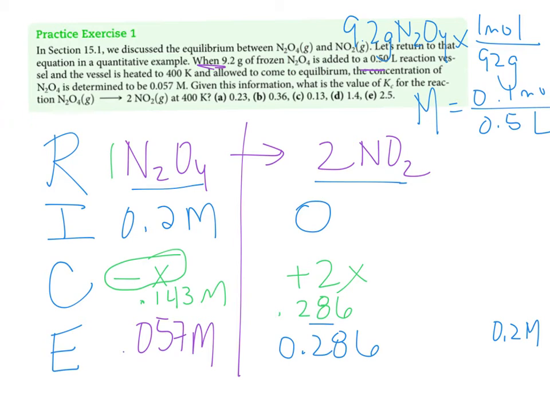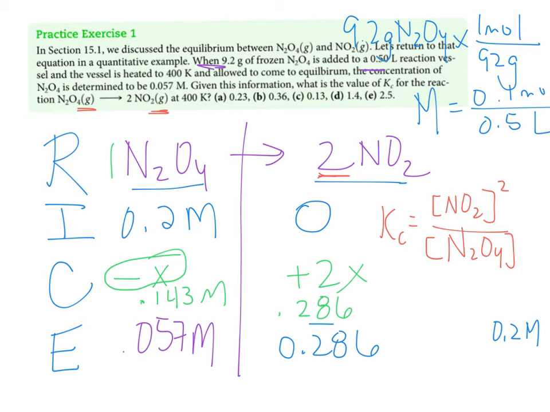Our equilibrium constant expression, Kc, is equal to the concentration of NO2 at equilibrium squared, because of this 2, divided by the 1 N2O4, and these are both gases over here once they became unfrozen.